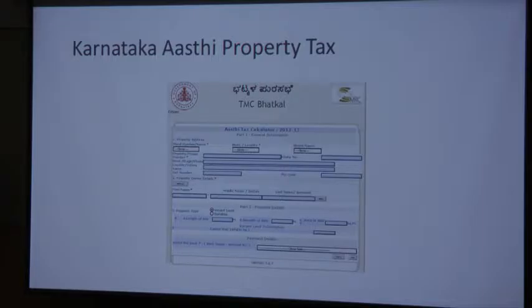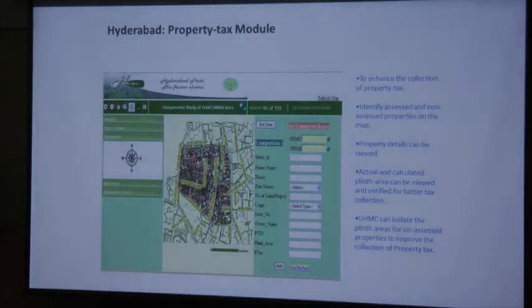So here are some examples. This is the Karnataka property tax form site. This is the Hyderabad property tax module, which has a whole bunch of goals and is directly linked with maps.